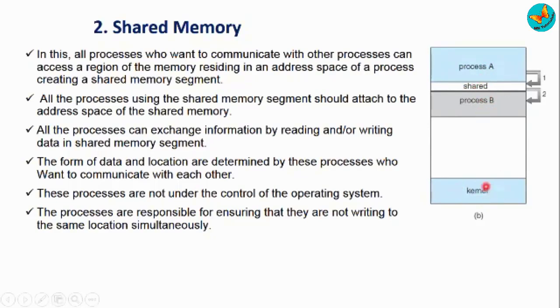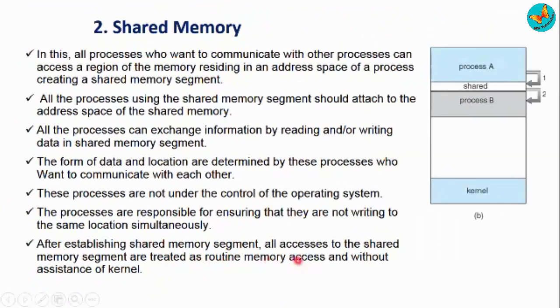Okay. Next, what is there? After establishing the shared memory segment, all accesses to the shared memory segment are treated as routine memory accesses, without the assistance of the kernel.